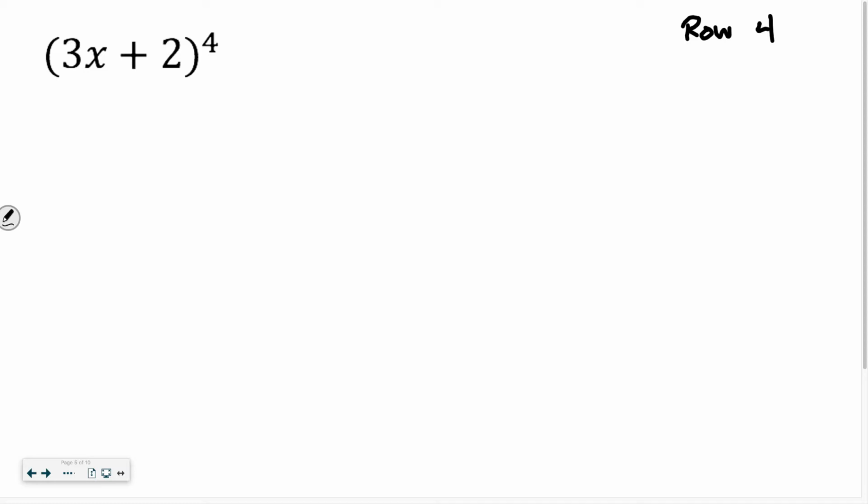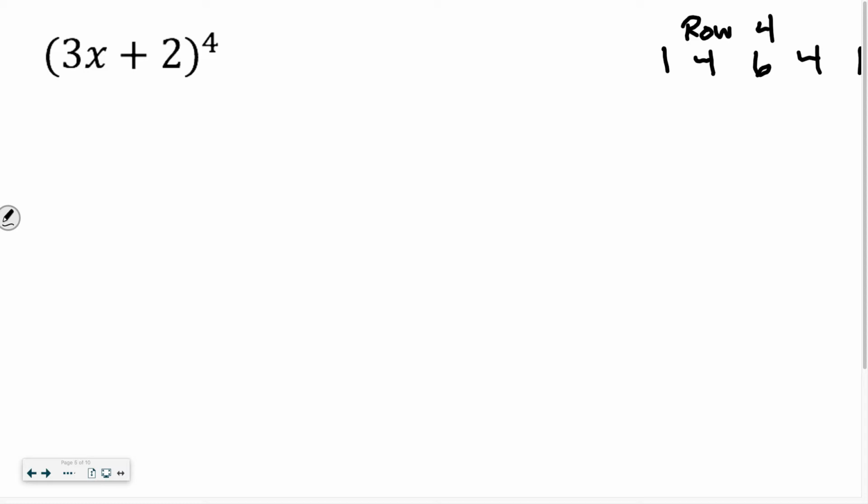I heard some groups talk about using row 4. Row 4 looks like 1, 4, 6, 4, 1. It has 5 terms. It should have one more than the power that you're raising it to. So those will be our coefficients.